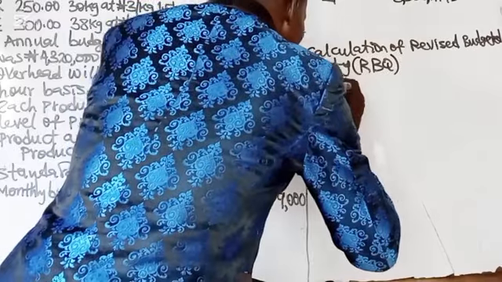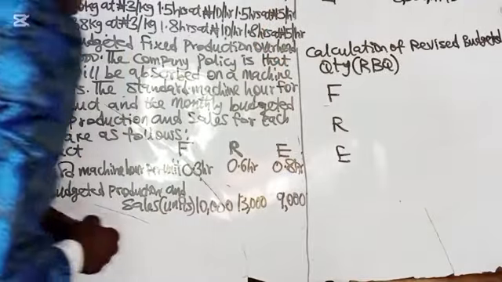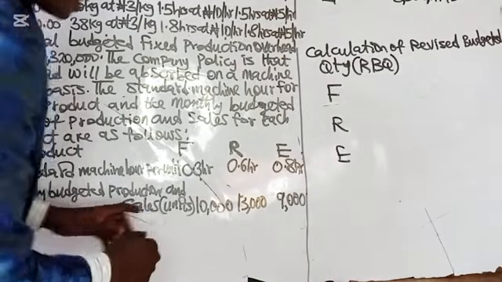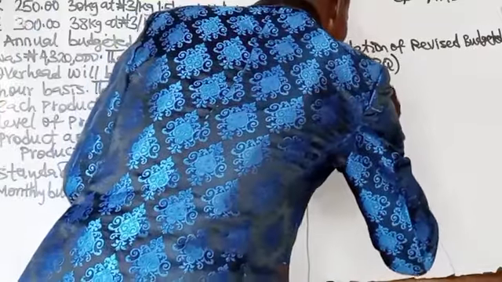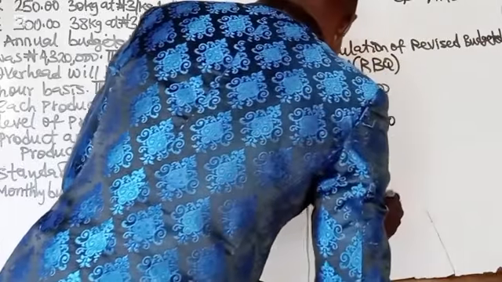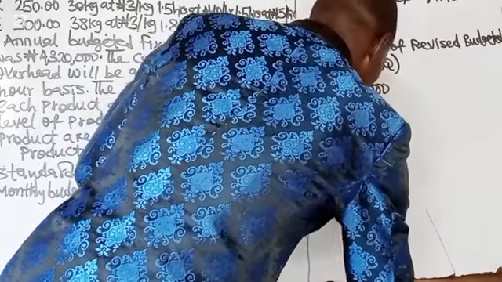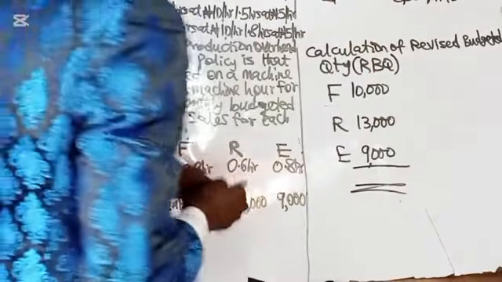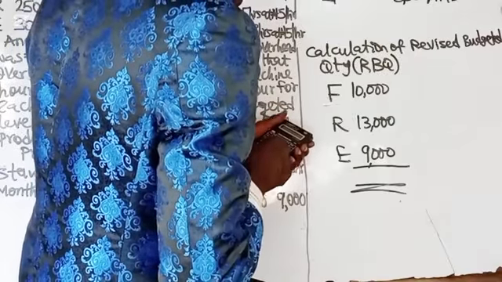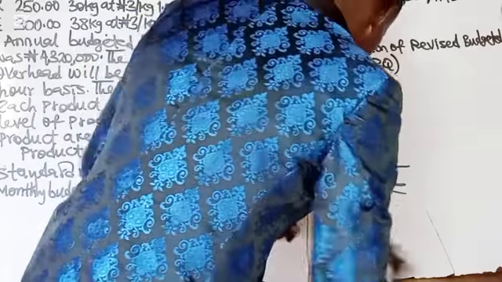Three products are involved: F, R, and E. You are given the budgeted quantity, monthly budgeted production and sales: 10,000 for F, 13,000 for R, and 9,000 for E. What is the total of that? 10,000 plus 13,000 is 23,000, plus 9,000. The total is 32,000.